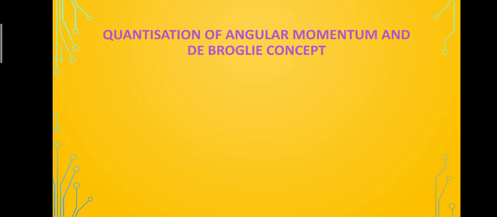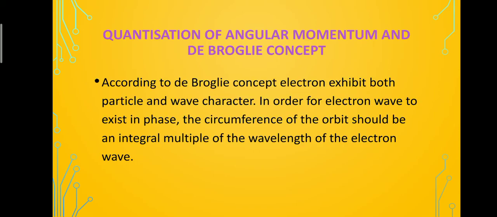For an electron to behave like a wave, the circumference of the orbit, so the path where the electron is moving, has to be an integral multiple of the wavelength of the electron wave.